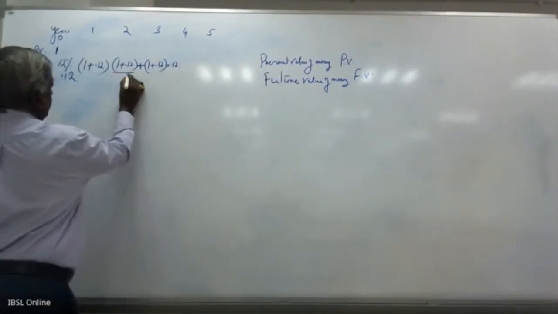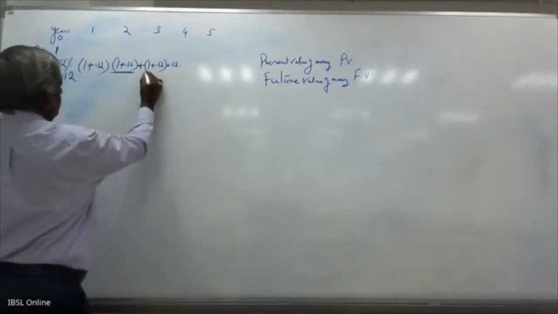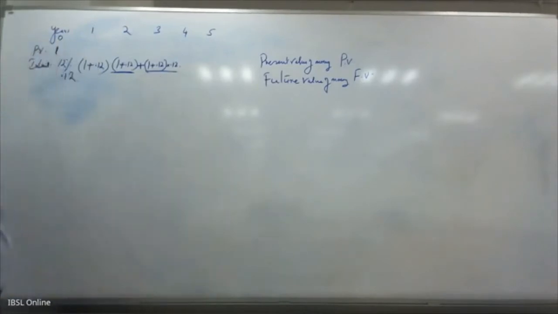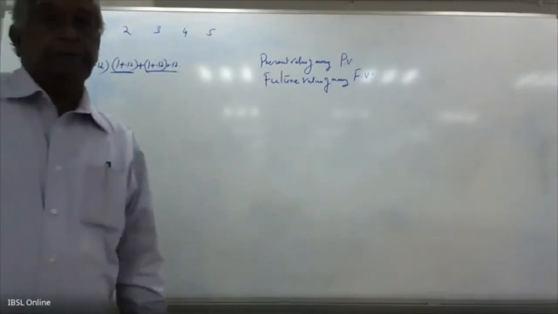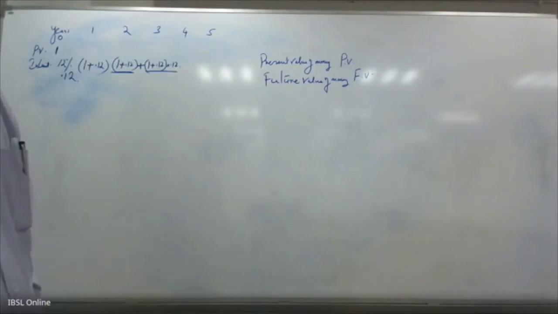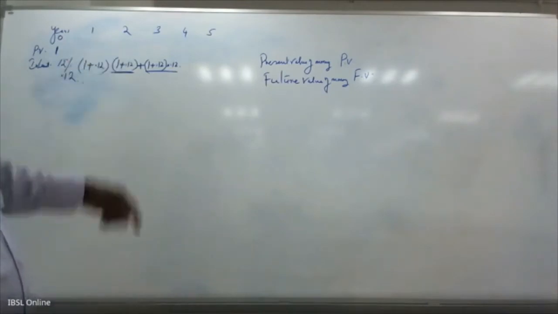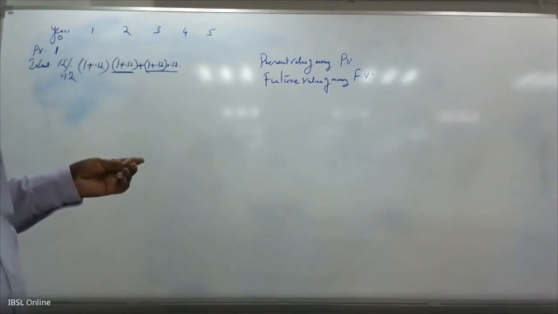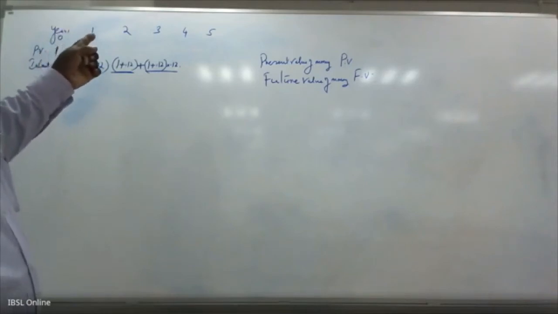This is the capital portion, and this is the interest portion. So in the second year, the money will be 1 plus 0.12, that is the capital portion, plus interest from this capital. Since it is decimal, you will multiply: 1 plus 0.12 into 0.12.